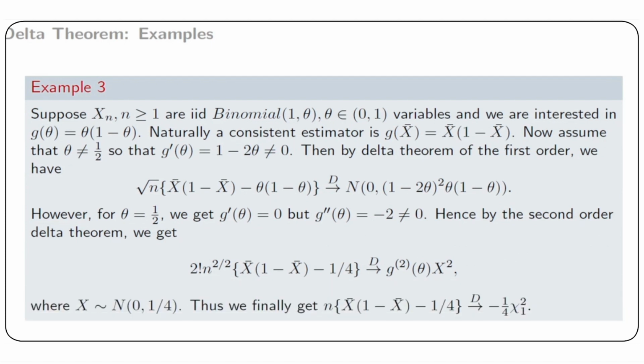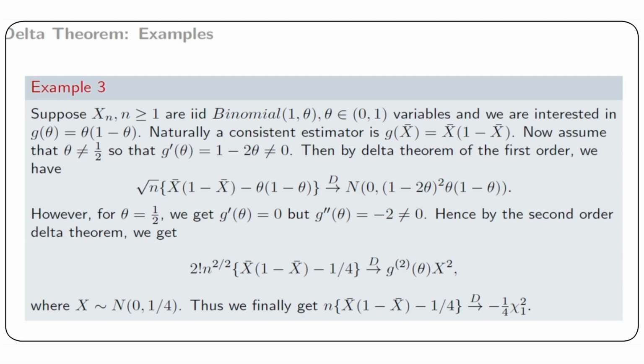Consider our next example, which is on the Binomial(1, theta) distribution, where theta is the success probability belonging to the open interval (0, 1), and suppose we are interested in g(theta) equal to theta multiplied by (1 minus theta), that is, the variance of Xn. Naturally, a consistent estimator is g(X bar) equal to X bar multiplied by (1 minus X bar).